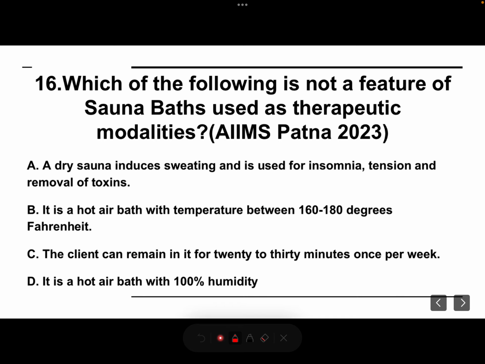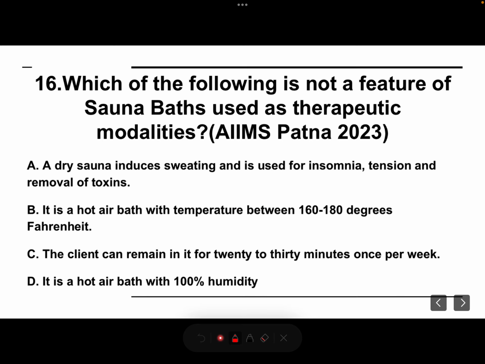Option B, it is a hot air bath with temperature between 160 to 180 degree Fahrenheit. Option C, the client can remain in it for 20 to 30 minutes once per week. Option D, it is a hot air bath with 100% humidity.